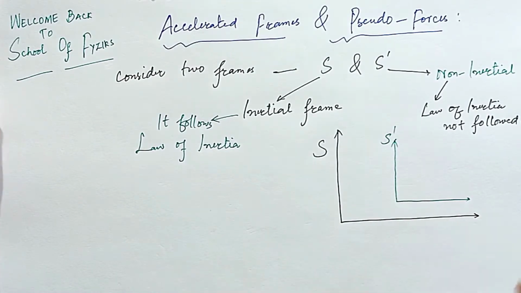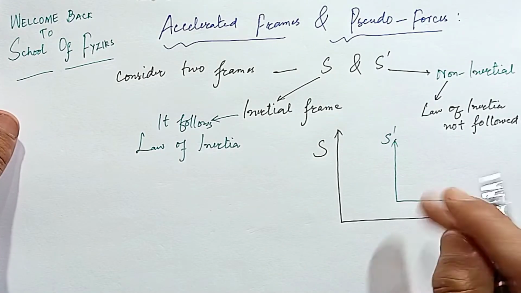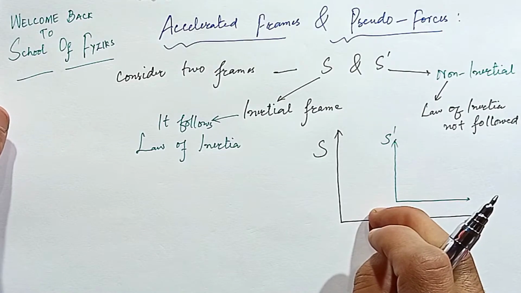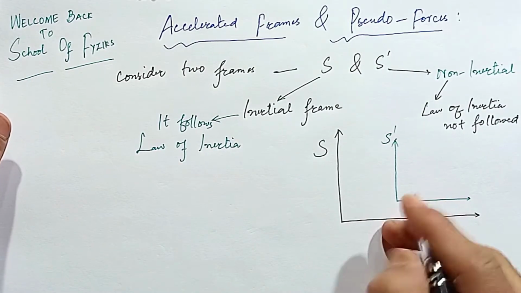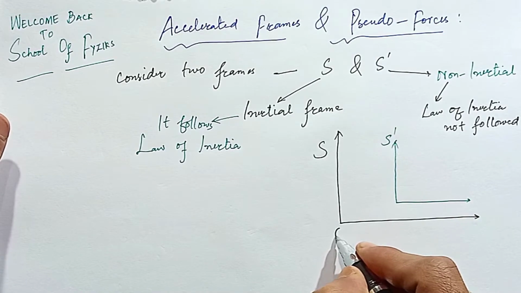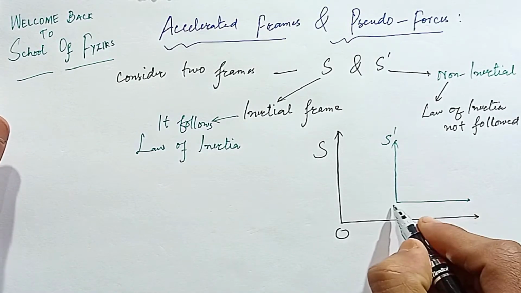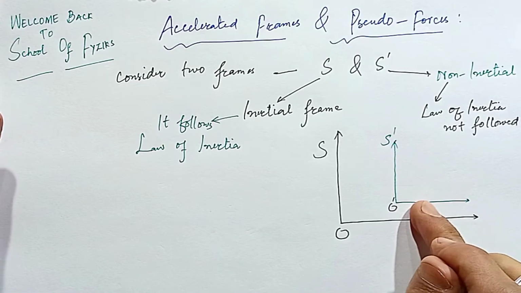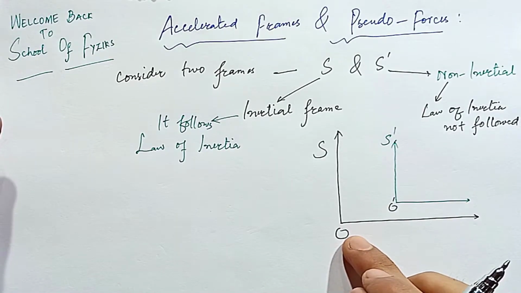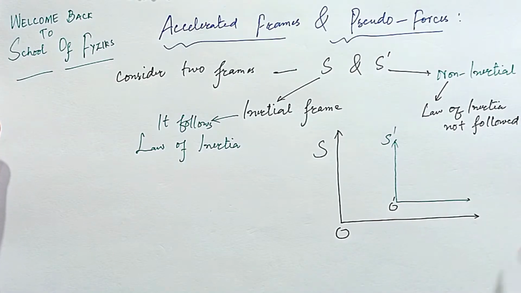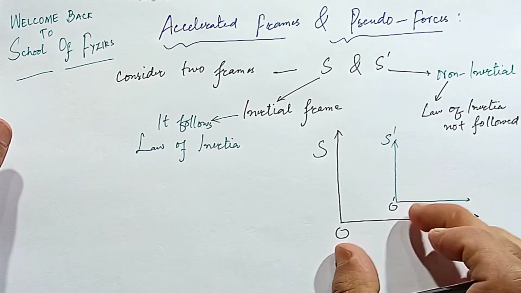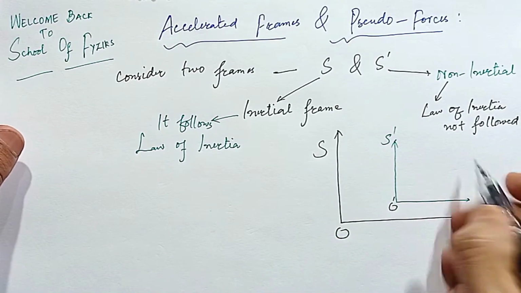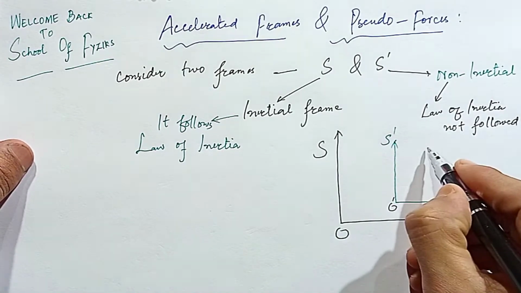So consider a particle, a body, inside this frame of reference, and ultimately it will be also in the other frame, because there are two observers. This is the origin O, and this will be O prime, the origin of the second reference. These observers observe the event happening with that body from two different origins.